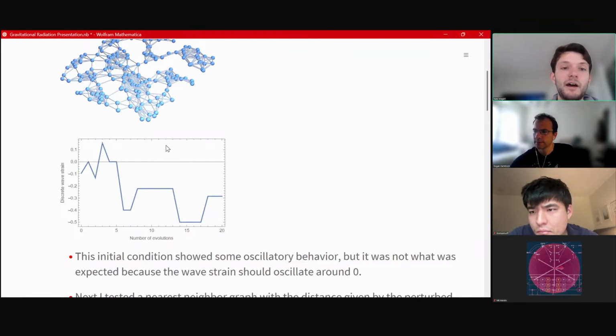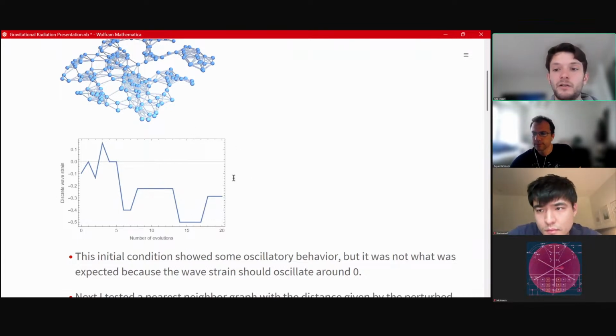Yeah, so again, it is related to the ADM formalism, where we're using a metric and finding an initial hypersurface.